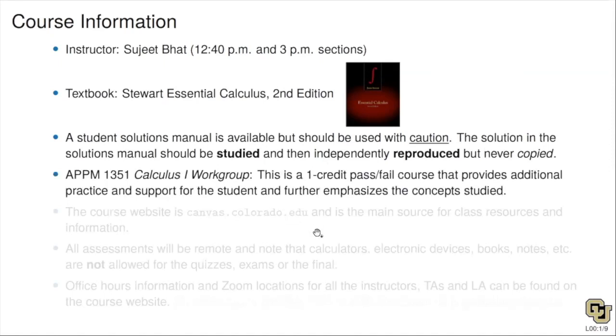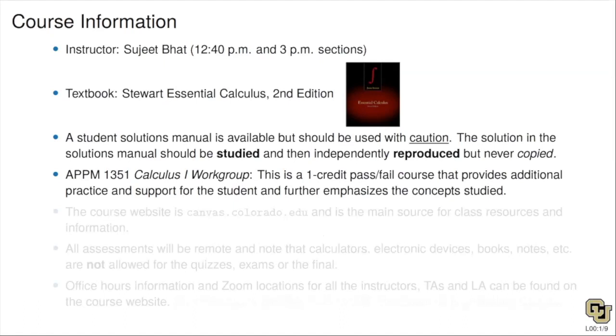I just wanted to tell you about an optional 1-credit pass-fail class called the Calculus 1 Workgroup. Your grade, pass or fail, is determined purely by participation. There's no homework. The work group is a place where you can go and they'll have more math problems for you to do, more activities to emphasize the concepts we've studied.